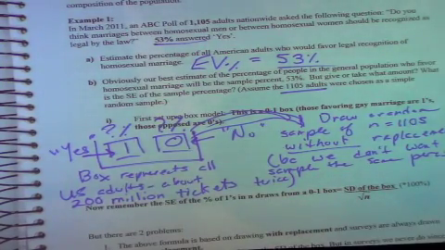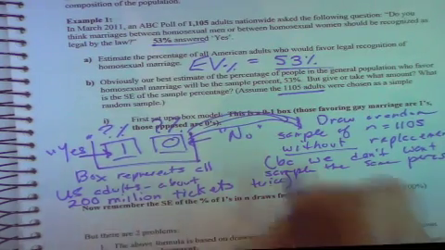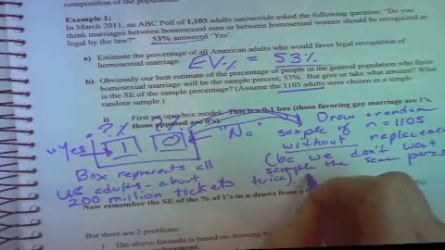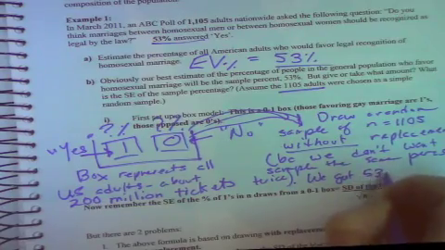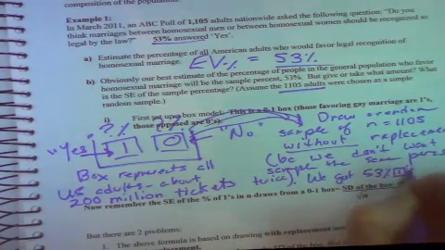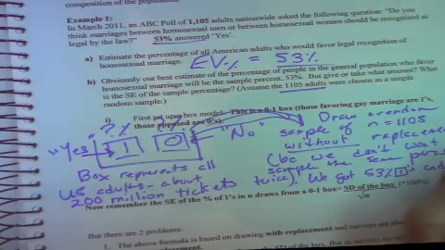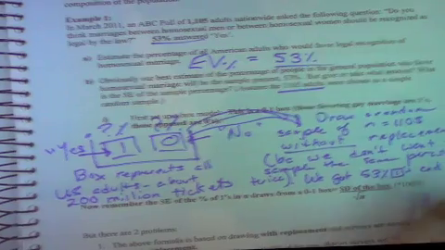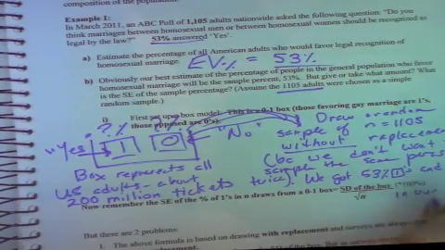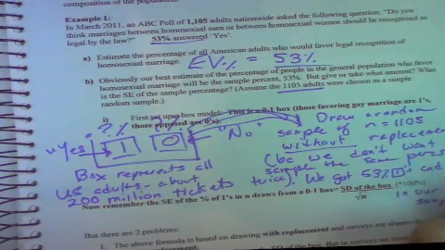Now, so what did we get in our sample? Let's just write it down. So what did we get in the sample? We got 53% ones and what? 47% zeros in our sample. So that's the scenario.